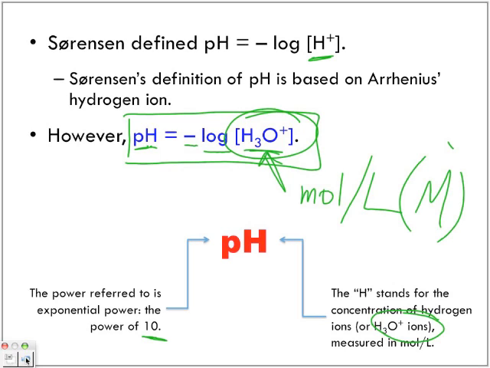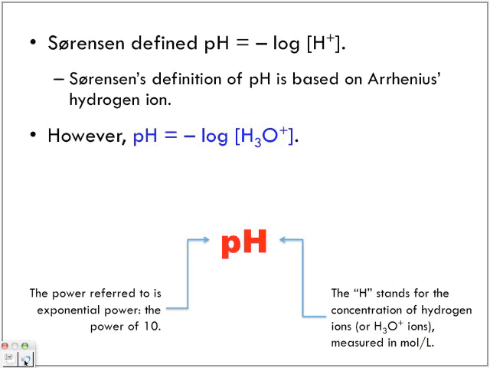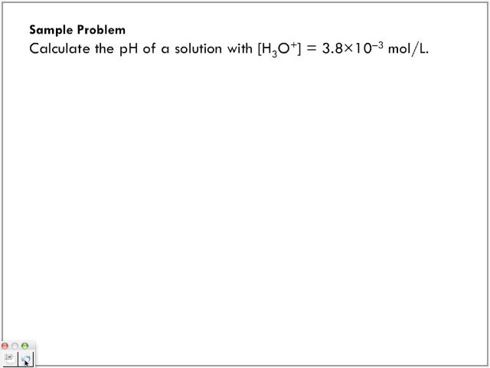So you're probably panicking, going, "Oh my goodness, this calculation is going to freak me out." It's really simple. Let's look at the first sample problem. Calculate the pH of a solution with the concentration of the hydronium ion being 3.8 times 10 to the power of -3.